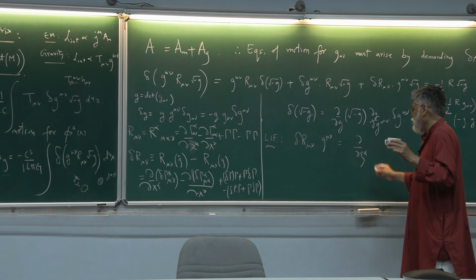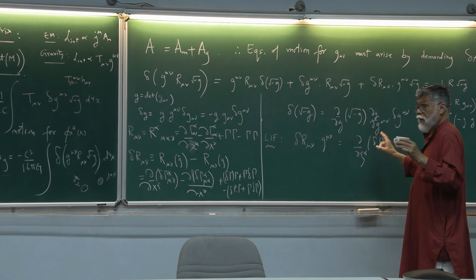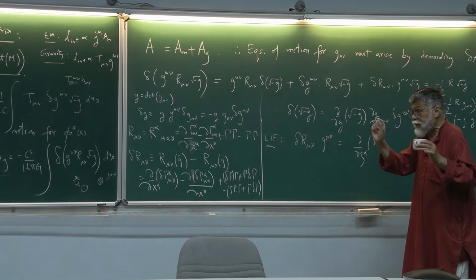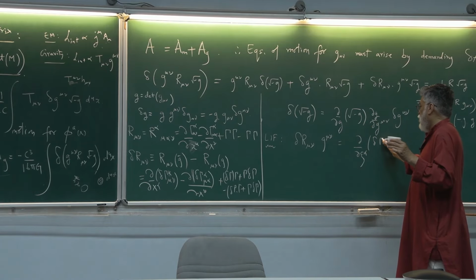So del by del xi alpha of delta gamma alpha mu nu. It's a delta gamma, it's not gamma. Gamma at one point would have been 0, it's a variation.